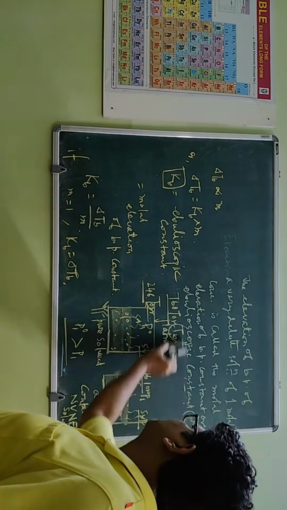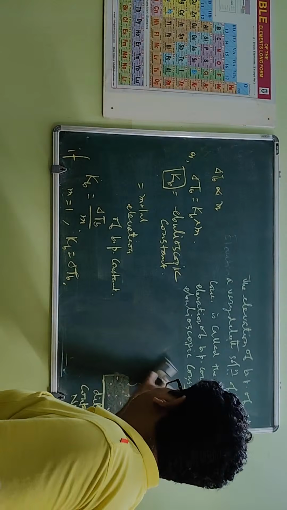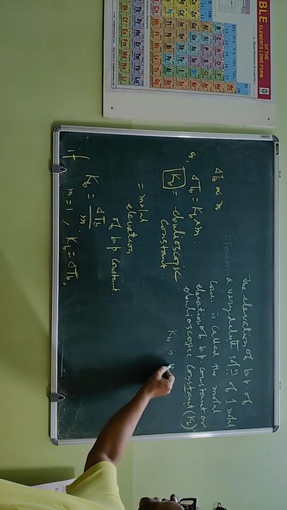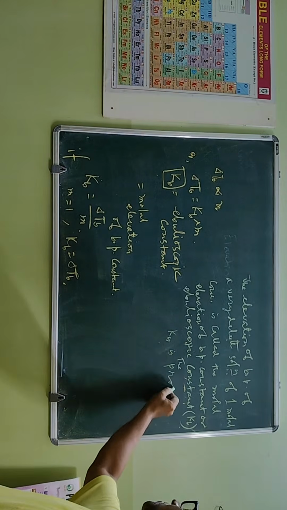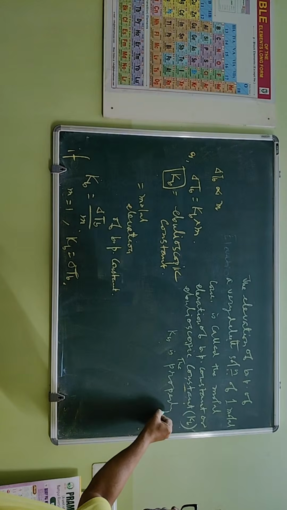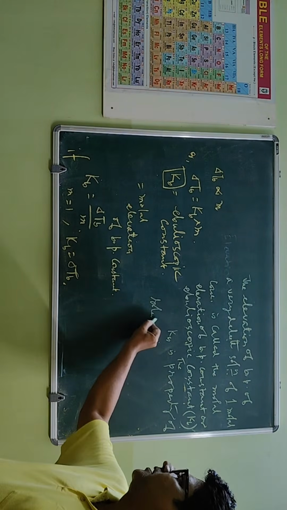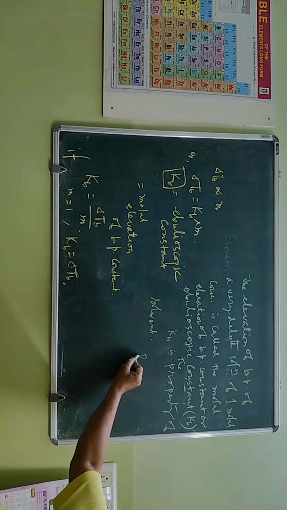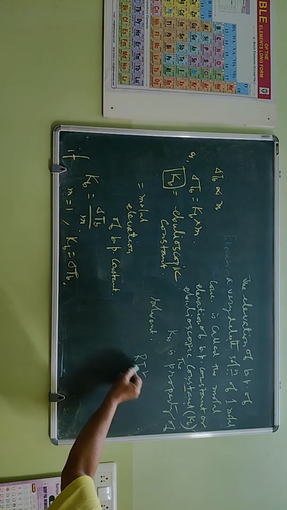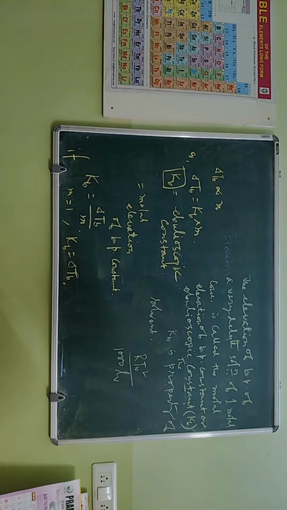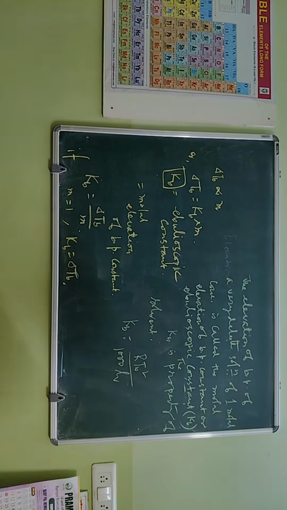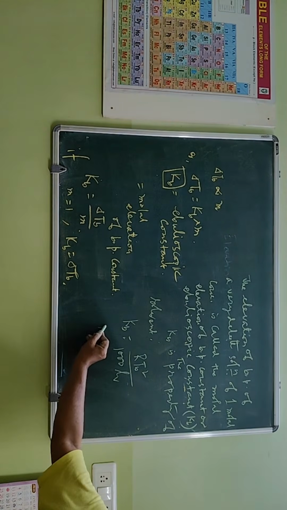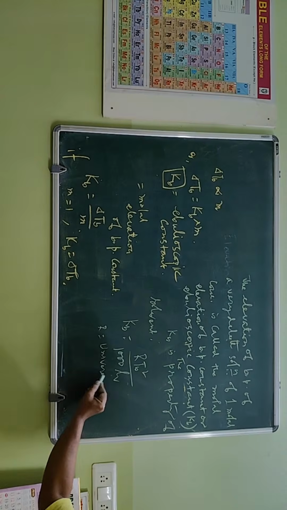This is of course a property of the solvent. Kb is the property of the solvent, and it is related to R Tb square by 1000 Lv. R is the universal gas constant, you know.